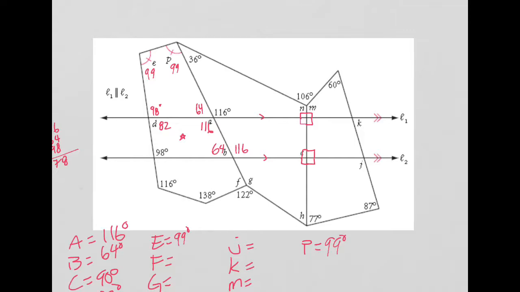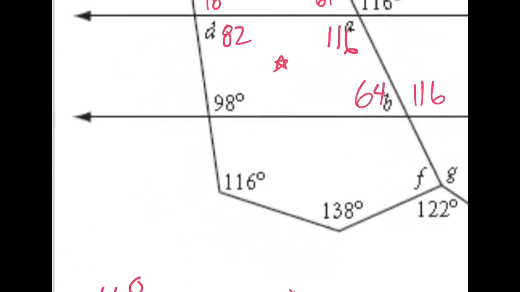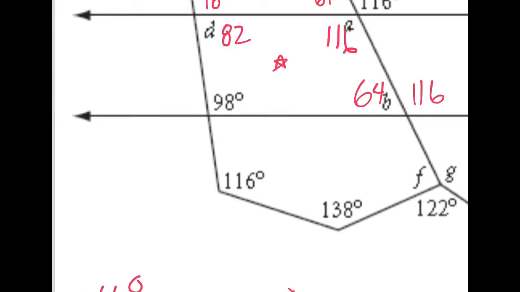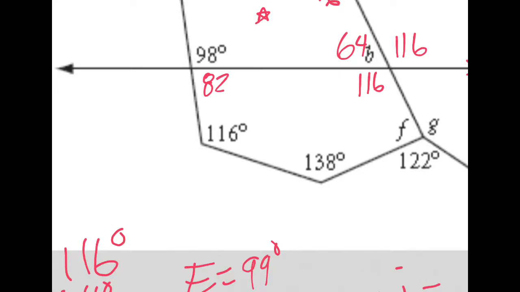So I'm continuing to progress. This is a good thing. Let's keep this going. 180 minus 98 is going to be 82 right there. 64, 180 minus 64 is going to be 116. Oh wait, vertical angles, knew that already. Whoops. But now notice we have a 1, 2, 3, 4, 5-sided shape.